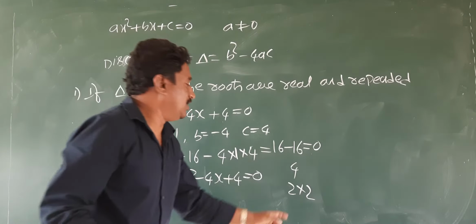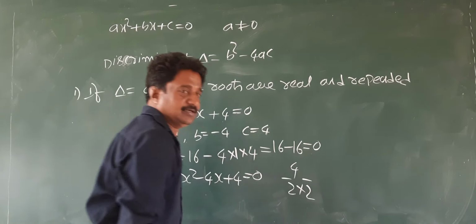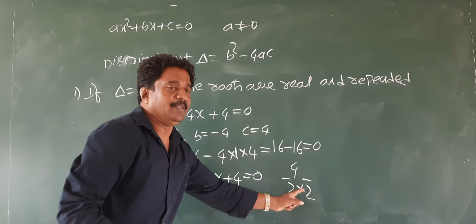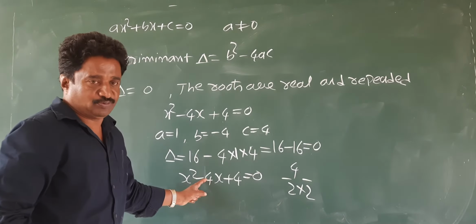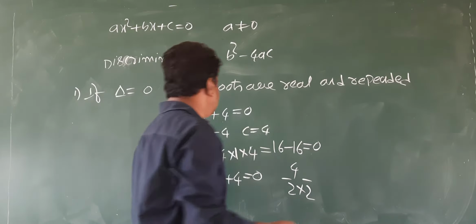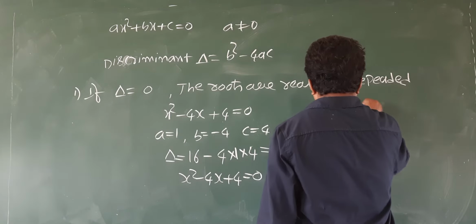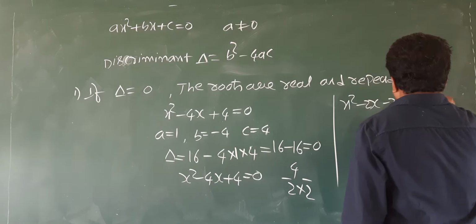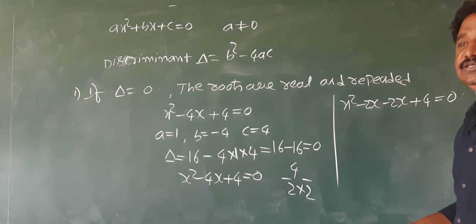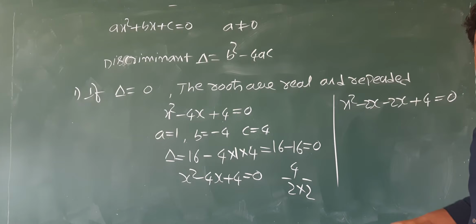Should be minus, because minus 2 plus minus 2 is minus 4. So x square minus 2x minus 2x plus 4 is equal to 0.